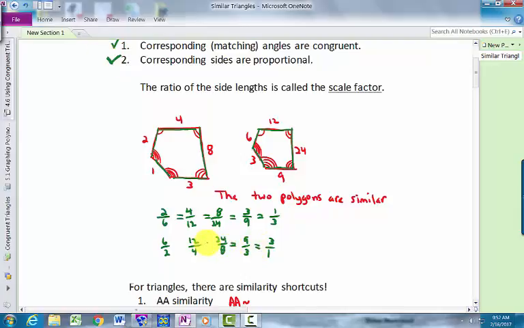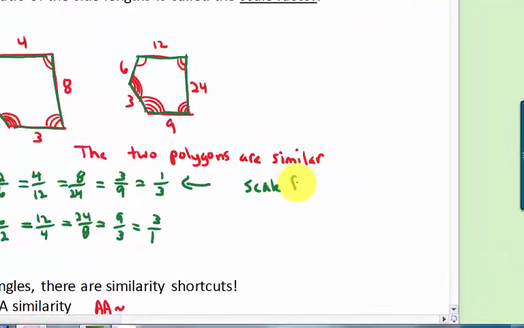And the same thing goes here on the bottom. We would say that the ratio of the side lengths is called the scale factor. In the top answer here, for all of these, they all reduced to 1/3. So the scale factor was 1/3, or you could write it as 1 to 3, which says the same thing as 1/3.